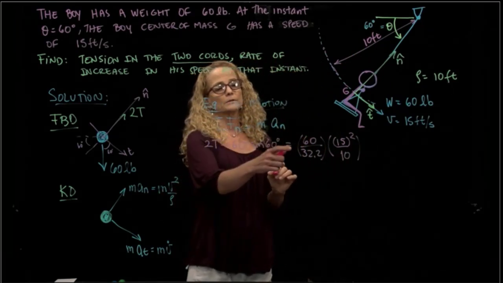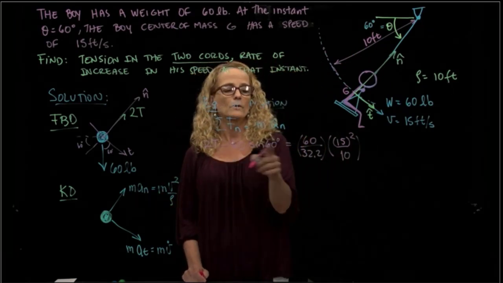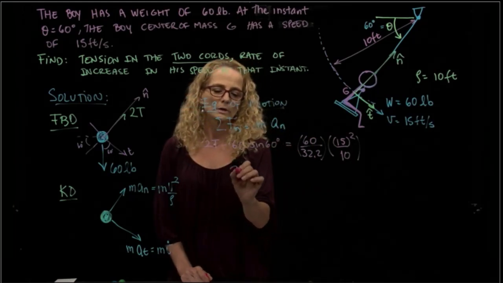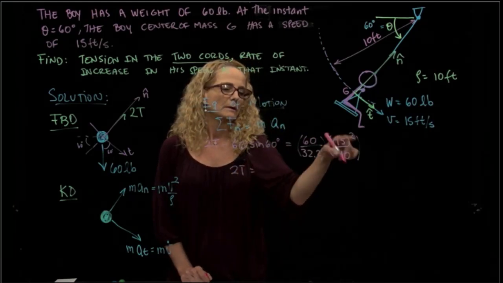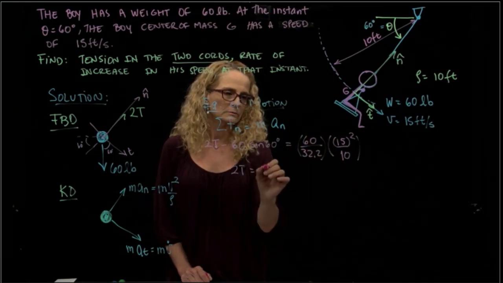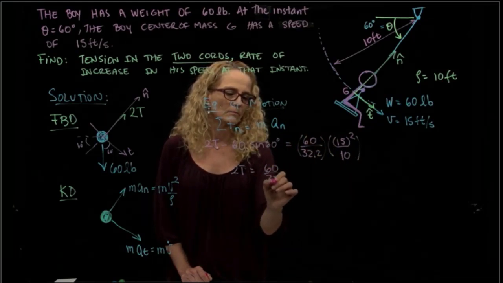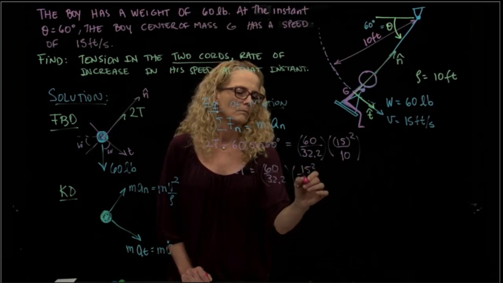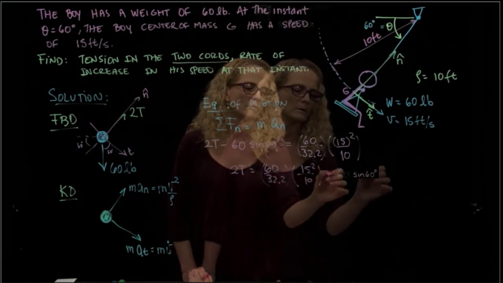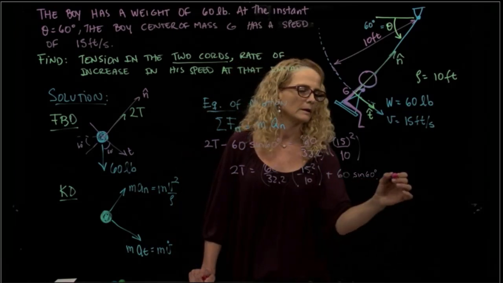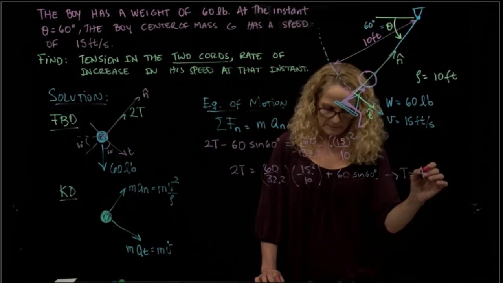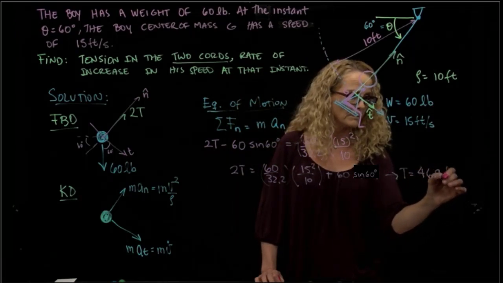That's my first equation, and as you see, we have only one unknown, so we can find the tension in the two cords. Here we find that the tension is equal to 46.9 pounds.